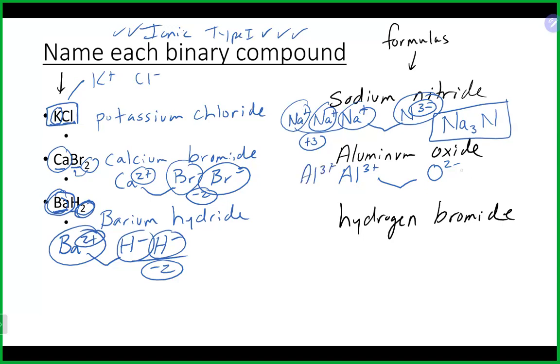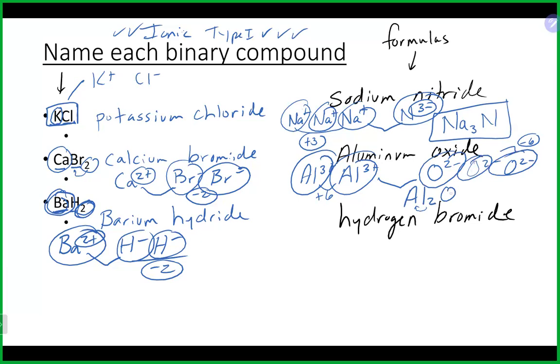To get my oxygen to 6, how many do I need? 3 total. That gives me a -6 and a +6, which equals 0. So when I write my formula, Al2 on the bottom tells me I have 2 aluminums, and 1, 2, 3 oxygens, a little O3. And there we go. The formula has no charge added to it.